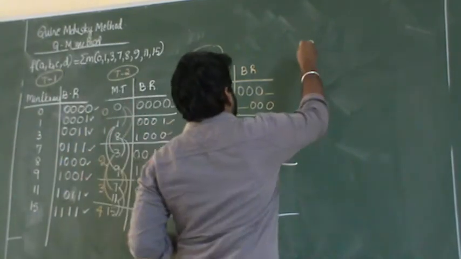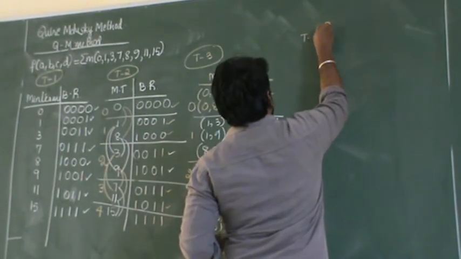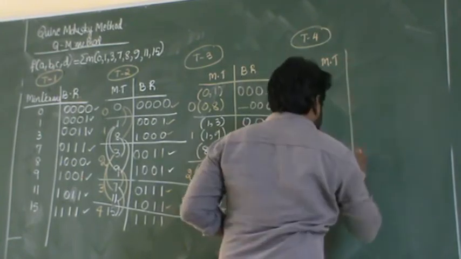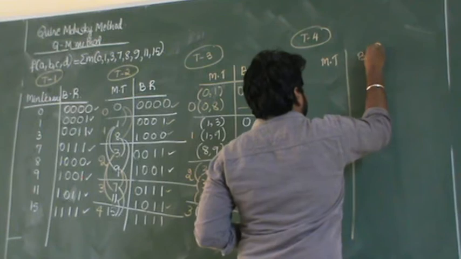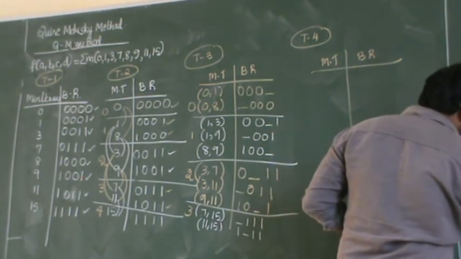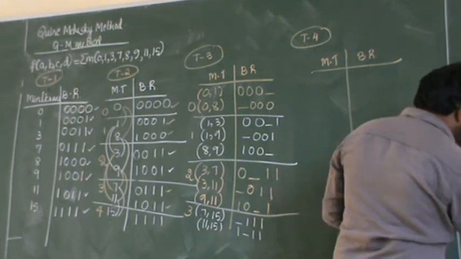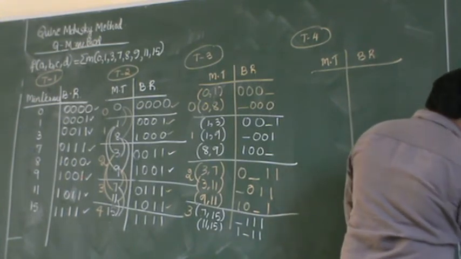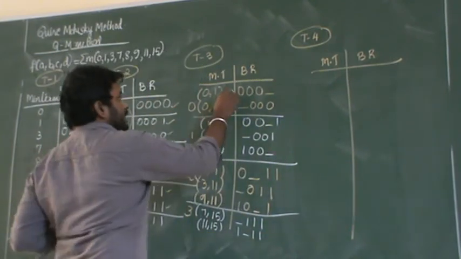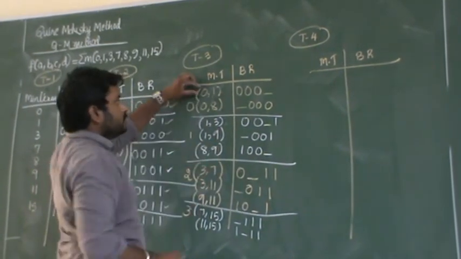So now I will be writing table number 4. Again you have to write the minterms and their binary representation. You have to be very patient while solving this particular problem. It is a very important and mark scoring problem. So now I have to compare 0 1 with 1 3.